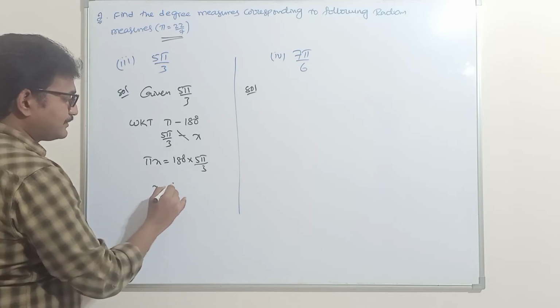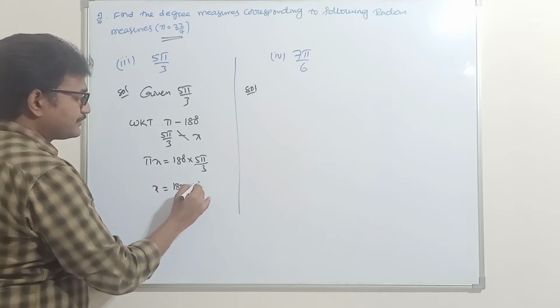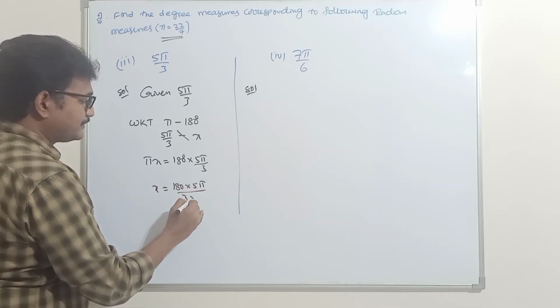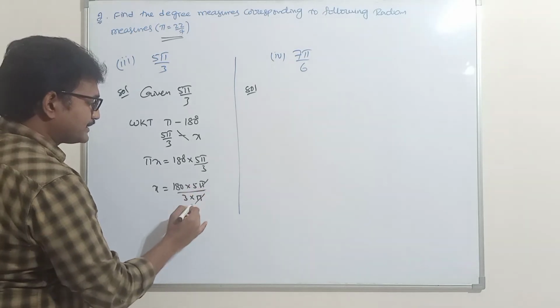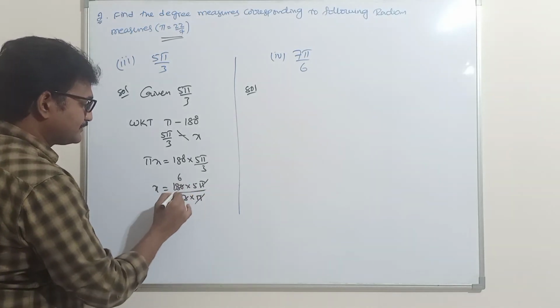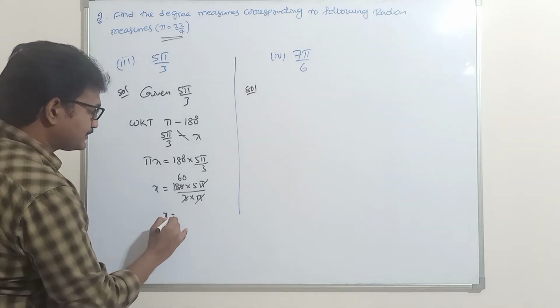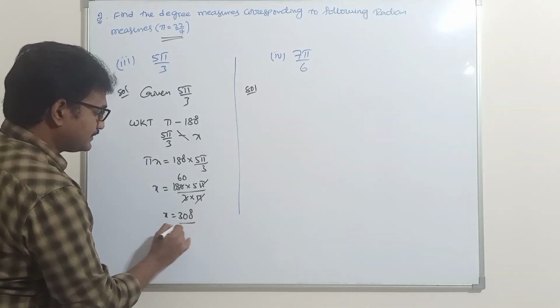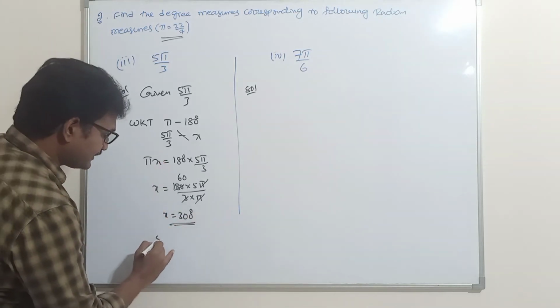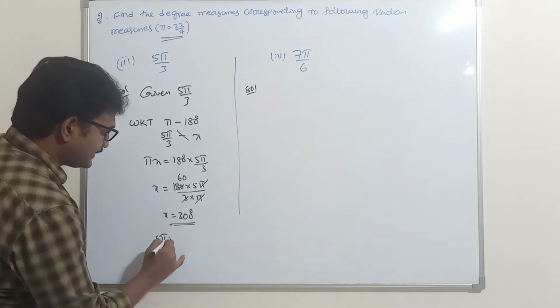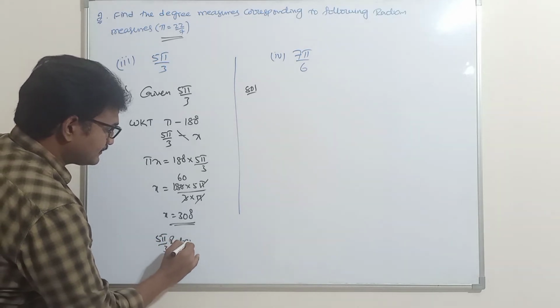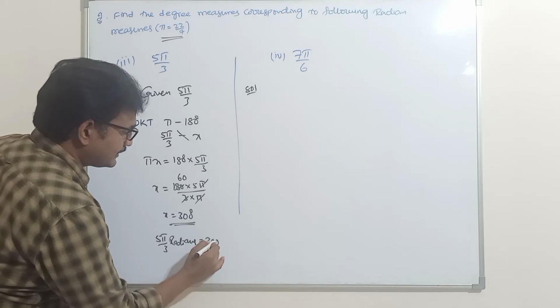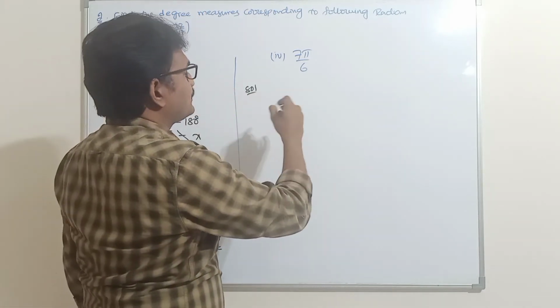So x is equal to 180 into 5 pi by 3 into pi. Pi gets cancelled. 3 6s are 18, so 60. So x is equal to 300 degrees. Therefore 5 pi by 3 radians is equal to 300 degrees.